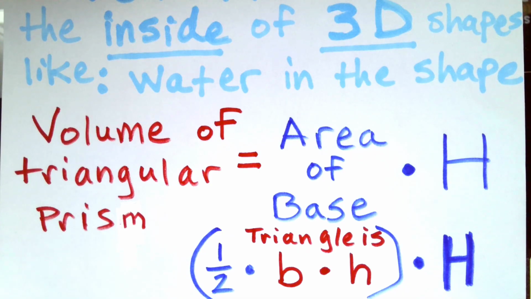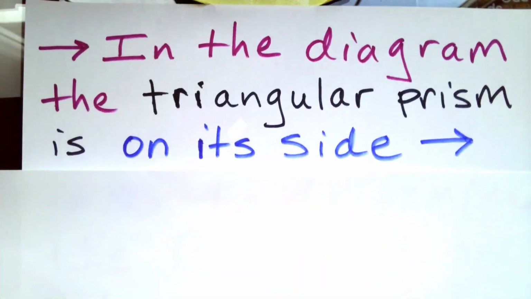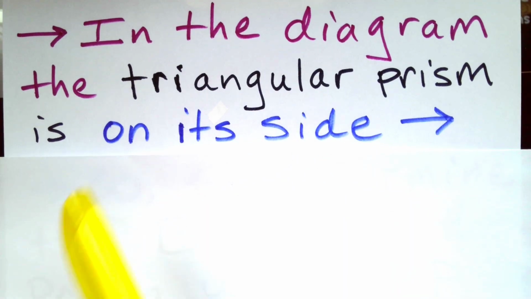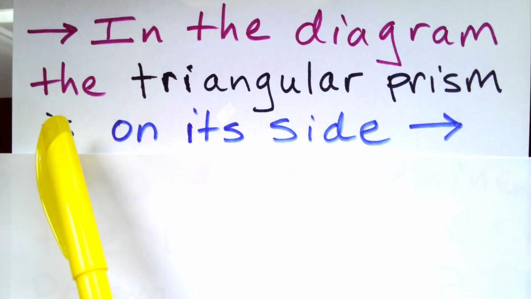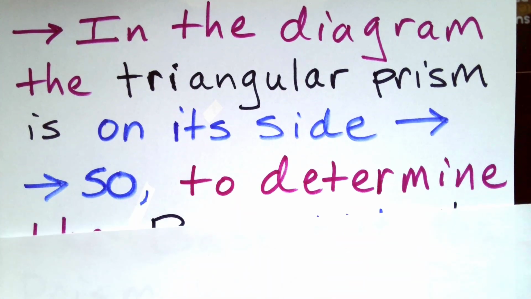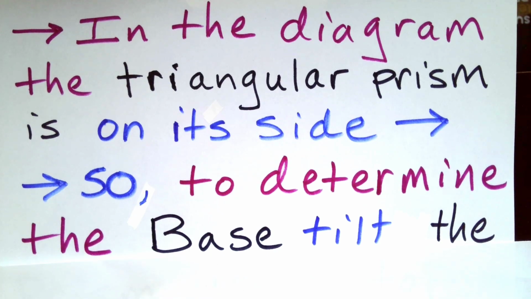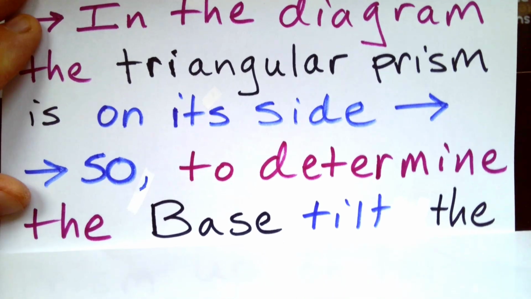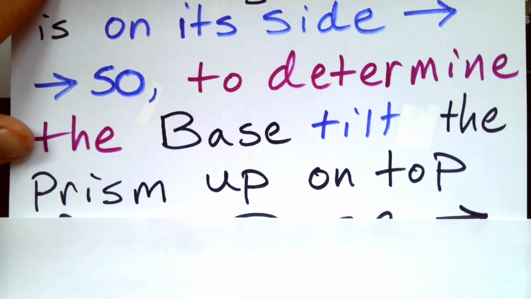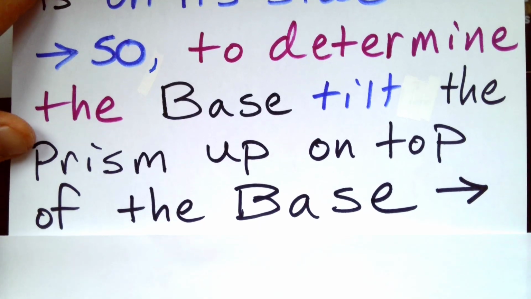So let me try to show you what that looks like with this next segment that I have. Again, in the diagram, the triangular prism is on its side. So we need to determine the base. We need to tilt the prism up onto its base, which happens to be a right triangle.